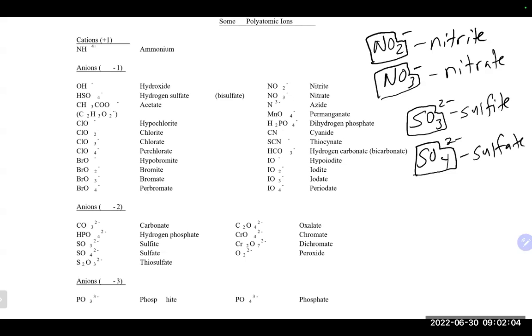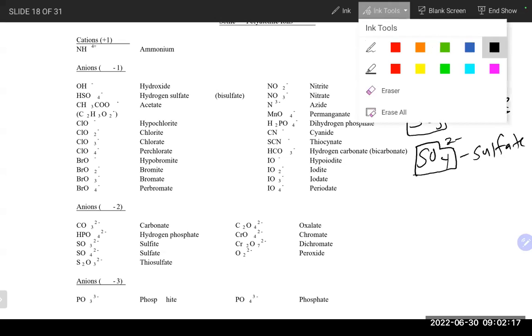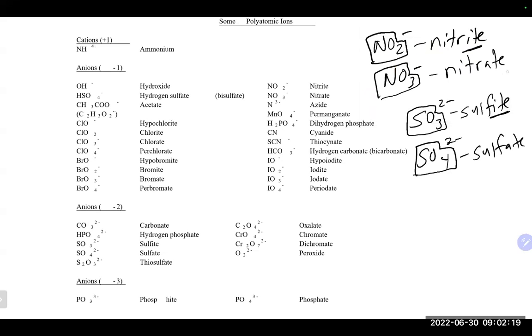So in a group of 2 polyatomic guys that are related to each other, the one with the least number of oxygens in that group of 2 ends in -ite. And the one with the most number of oxygens in a group of 2 will end in -ate. So -ate is usually more oxygen. -ite is less oxygen.